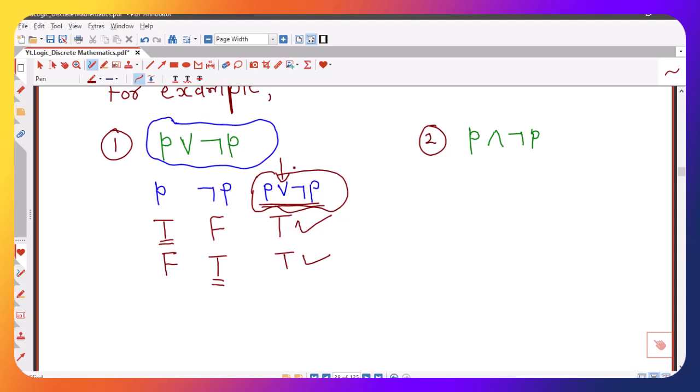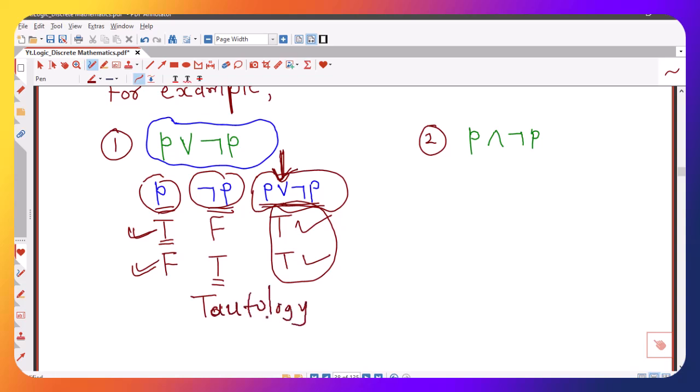So we can say that this compound proposition is true for all possible combinations of P and negation of P. Irrespective of the truth values of P and negation of P, what we obtain is that this compound proposition is always true. Therefore this compound proposition is a tautology.